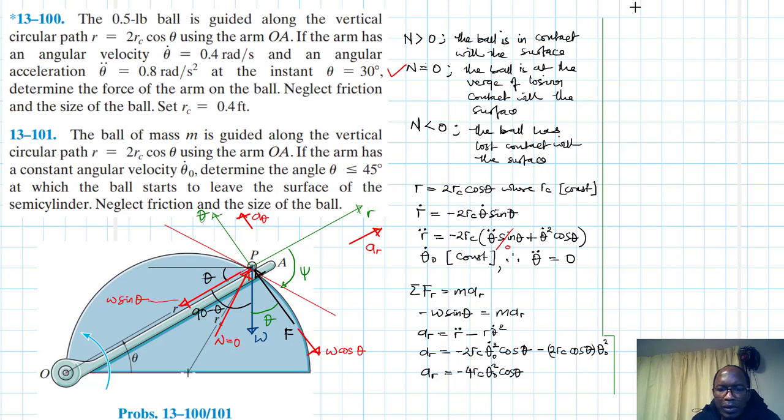All right, so we have minus W, which is just our mg, minus mg sine theta, and this is equal to minus 4 rc theta dot squared m cos theta.